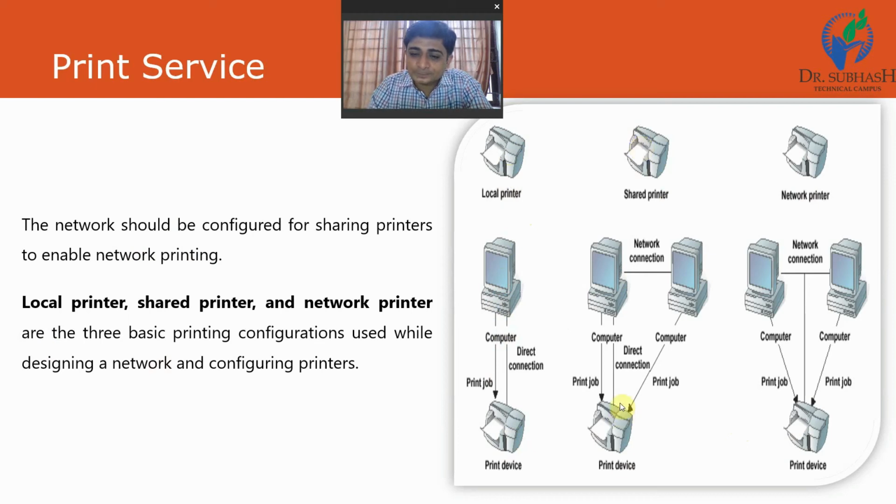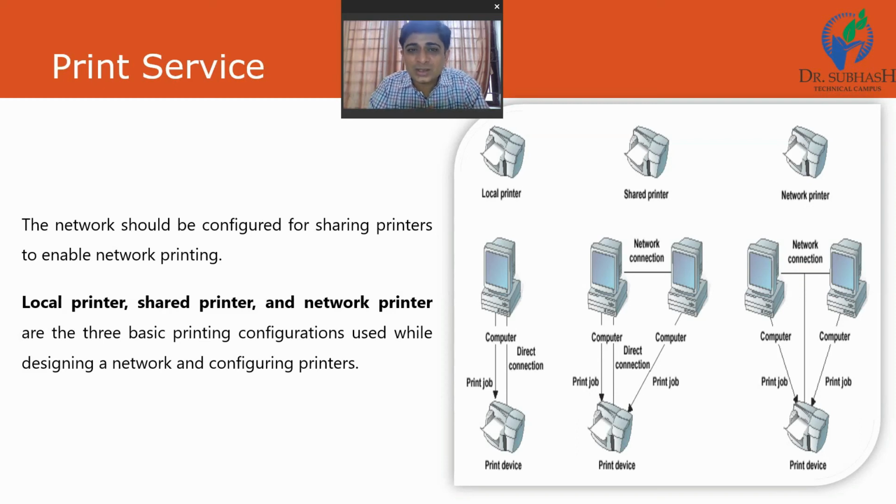A shared printer may be used by more than one computer, but here we have to make a network between these two computers. That is a shared printer. Another one is the network printer. We can use a single printer for a whole computer network, so all the computers may pass a request to the printer.